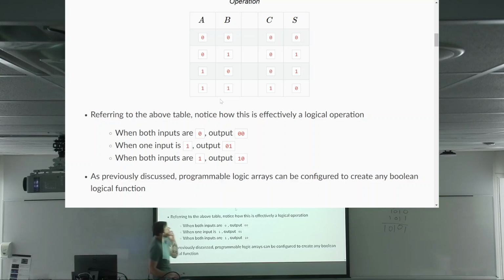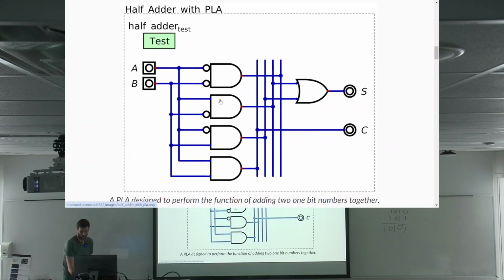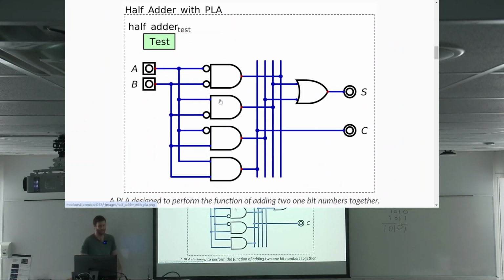Look, what is this column? What's that column? Yeah. Now you jumped the gun. But let's say we wanted to make this, how do we do it? Well, we could use a programmable logic array. Simple, right? This is a programmable logic array.